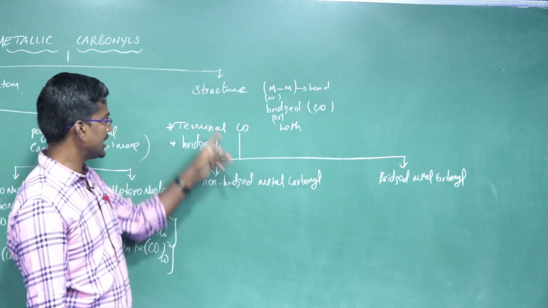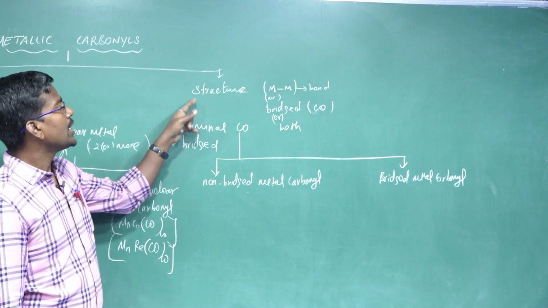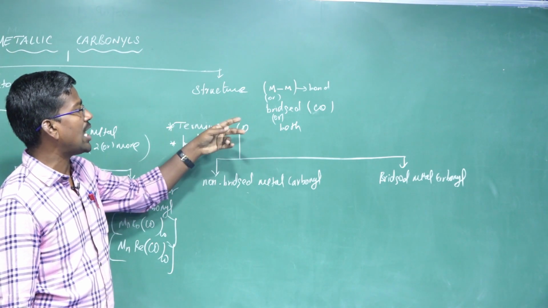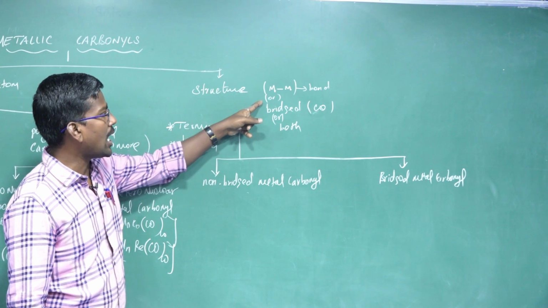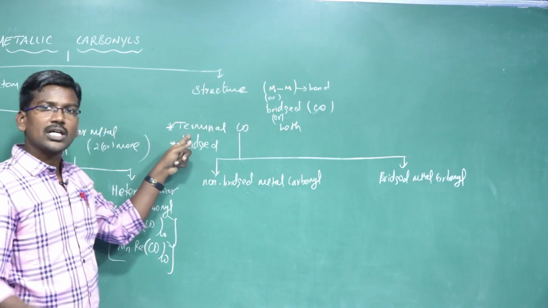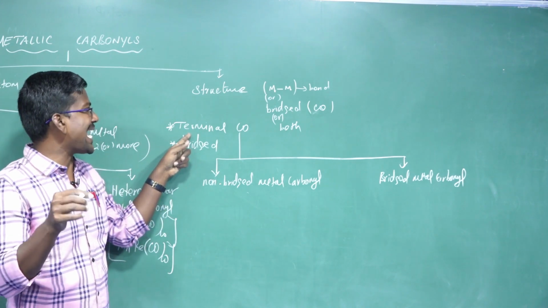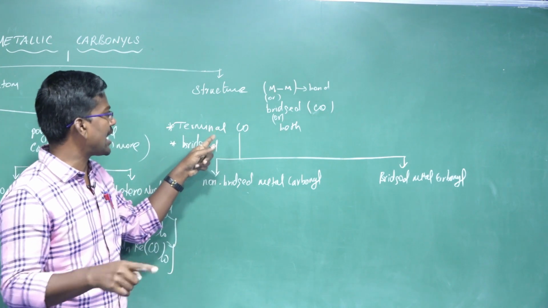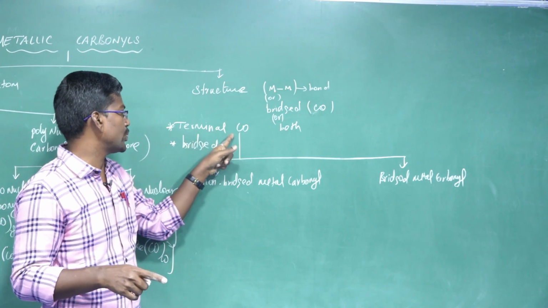Two types are there. Based on the structure, those compounds which contain binuclear metal carbonyl involve either a metal bond or bridged carbonyl ligands or both. The carbonyl ligand directly linked with only one metal atom is known as a terminal carbonyl group.